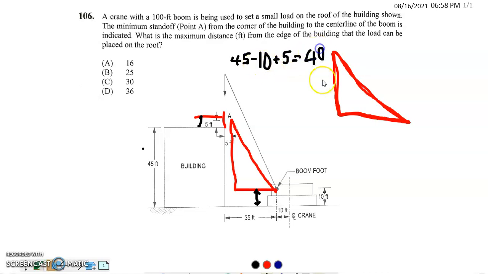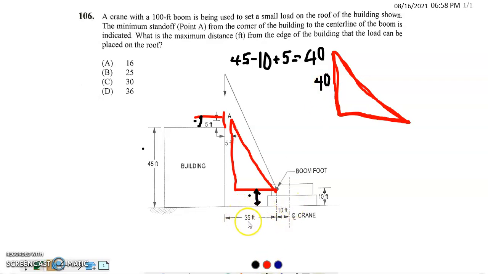So the vertical length that I have is 40. I hope you don't mess that up. We raise this by 10 feet over here, where I put the dots, so we subtract 45 minus 10. And we raise it up by 5 feet, so we need to add that 5 feet. That's how we came up with 40 feet.